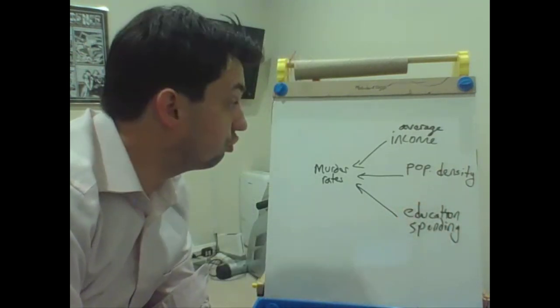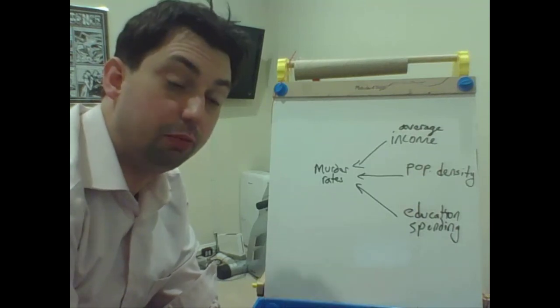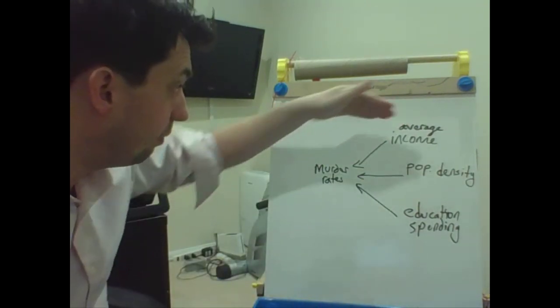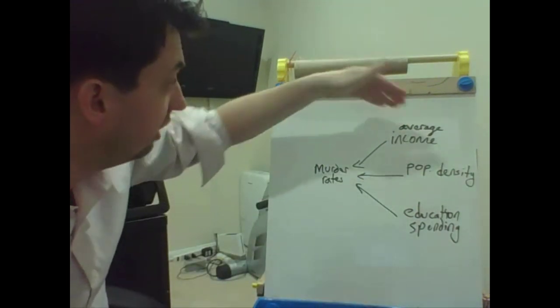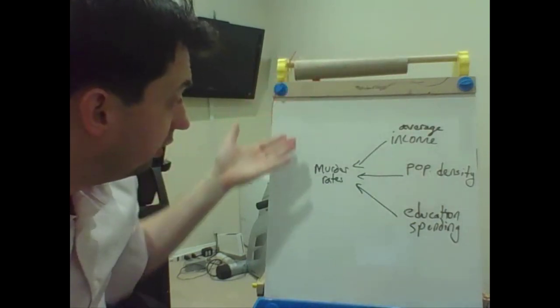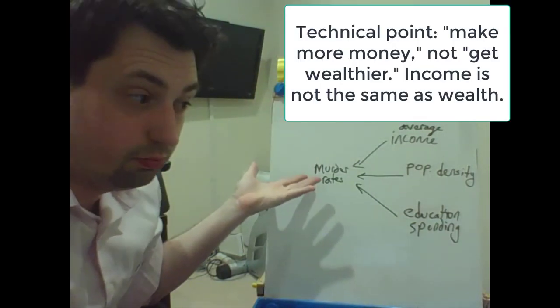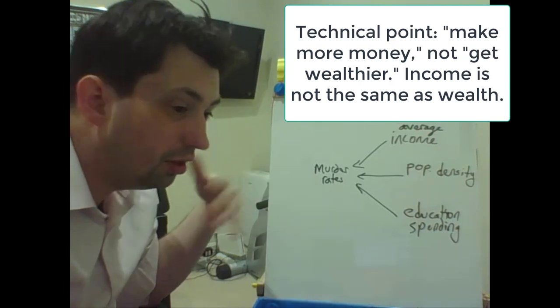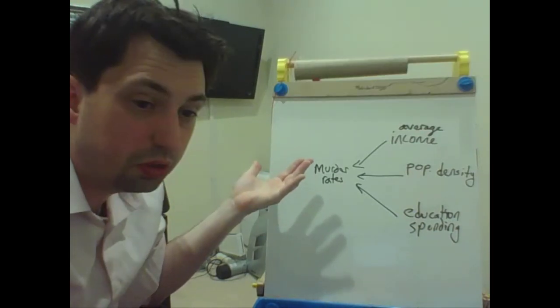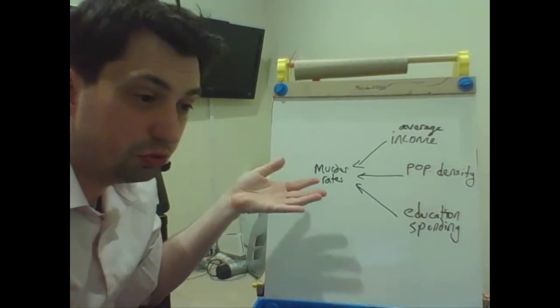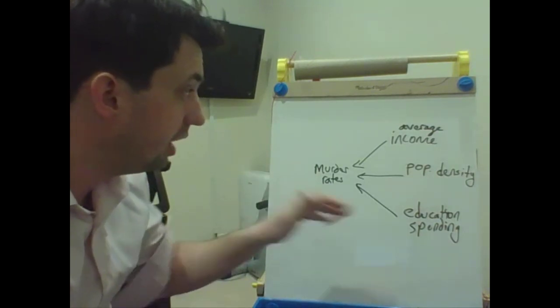Now, for each of these three things, we can tell a reasonable story for why that particular variable would cause murder rates. Like, as people get wealthier, they are less desperate for money. They're less willing to commit murder in order to get some money.